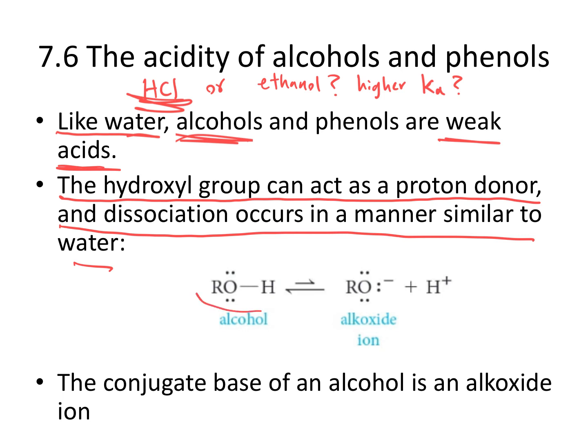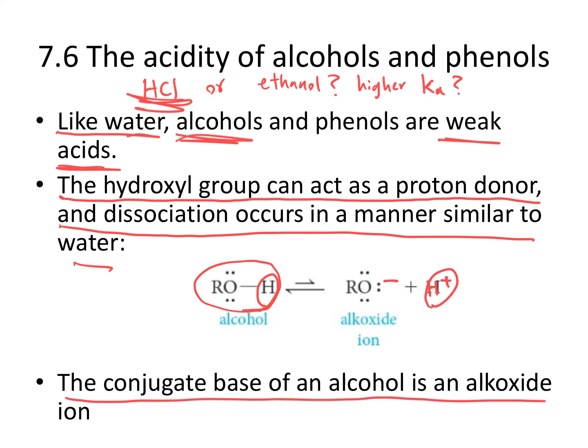So if you consider the structure of an alcohol in general, they have an OH group, and we can consider this proton to be dissociating in water. So you have RO minus and H plus. Kind of similar to what we talked about before, right? Not so much new information, just rewriting that for alcohol. And the conjugate base of an alcohol is called an alkoxide ion.